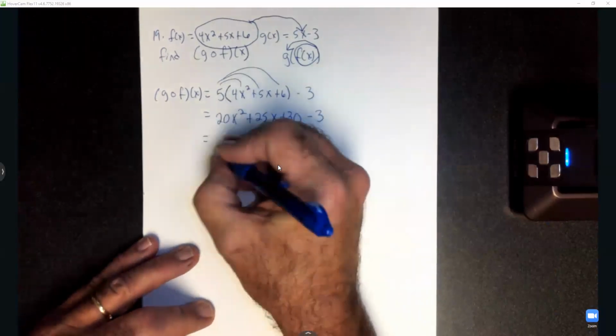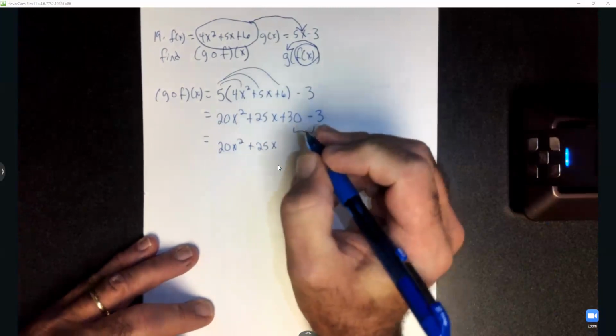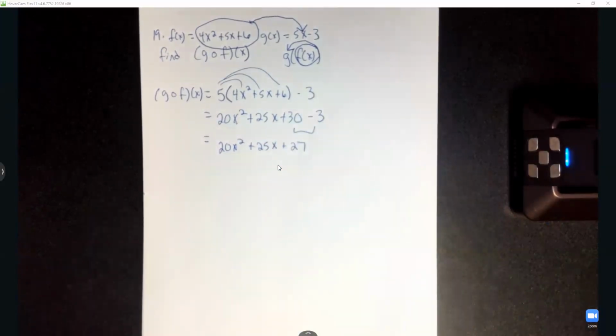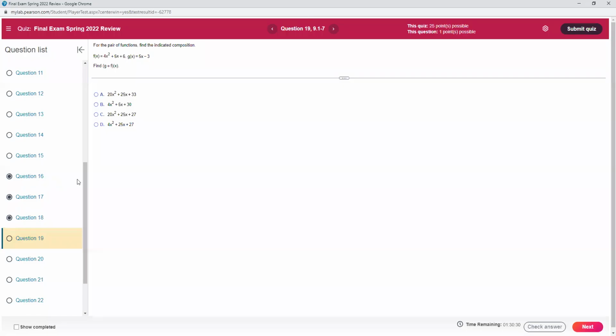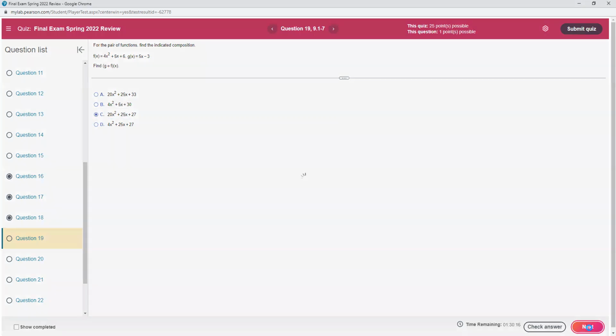So add those like terms. So you get 20x squared plus 25x. And then that was what? Positive 27. So let's go see if we got that answer in our choices. So 20x squared plus 25x plus 27 would be C. So we click that and move on to the next.